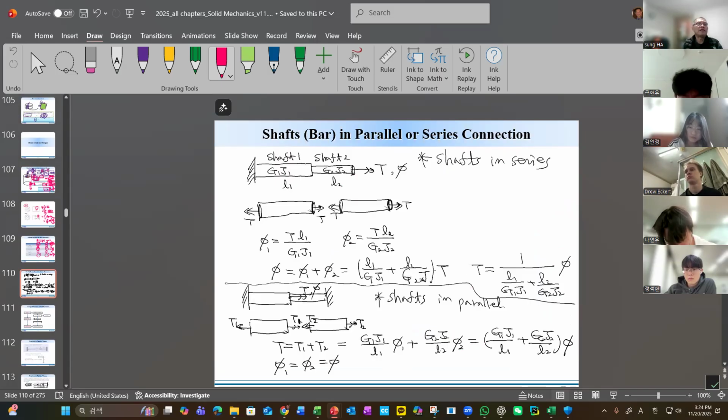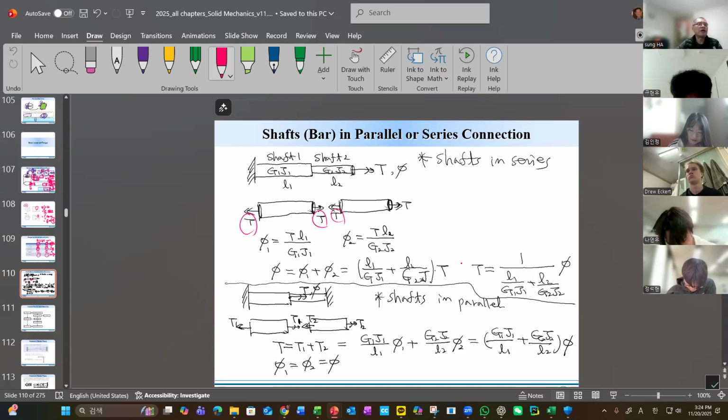So, well, these are the applications. Say we have two shafts attached together. At the end, we have T and T. When we have a T, we have also T here as a reaction. So equilibrium, T here.